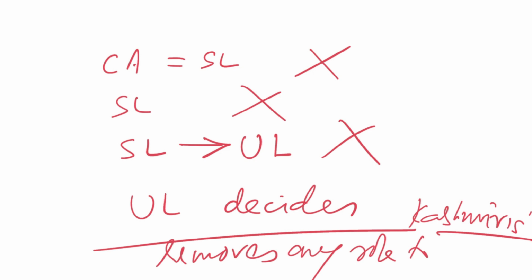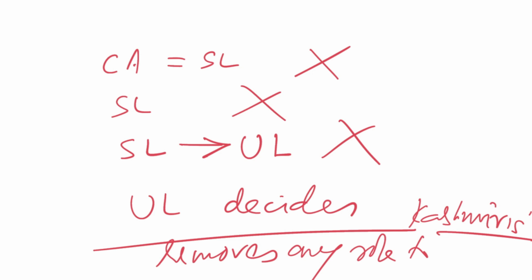Okay, so my summary is that 370 says the constituent assembly is not there, but constituent assembly means a higher form of consent from the people. Form a constituent assembly going by the letter, or use the state legislature's superior majority.